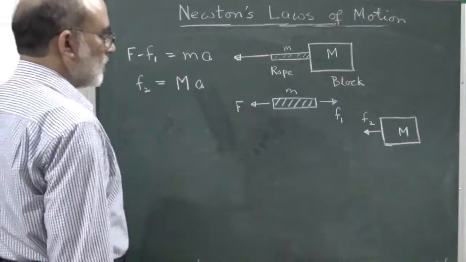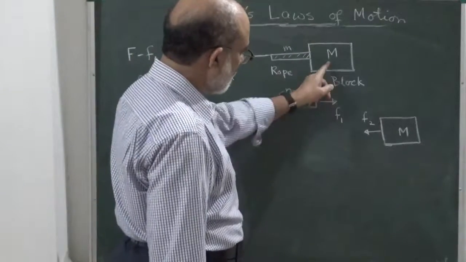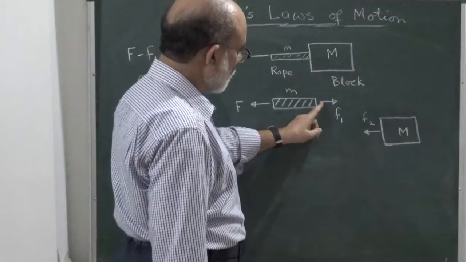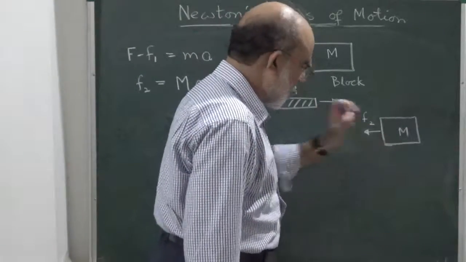Now what Newton's third law says is that if this is the action by this block on the rope, then this will be the reaction by the rope on the block.